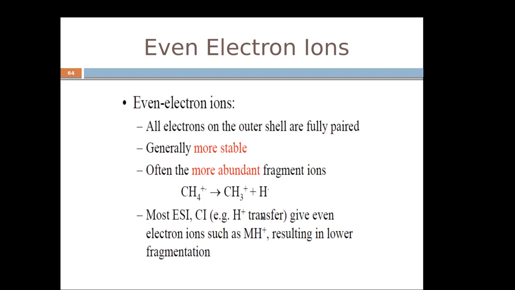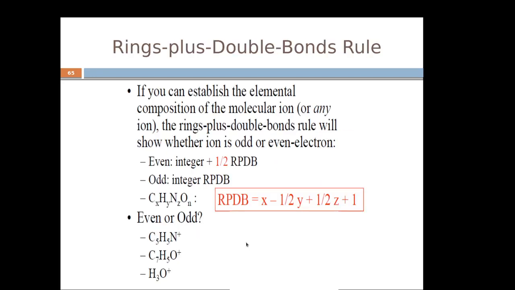It is a cationic species, and this will not undergo much fragmentation, resulting in a lower fragmentation pattern. And how do you see whether the fragmentation results in an even electron ion or an odd electron ion? Okay, so this ring plus double bond rule, which is almost the same as the hydrogen deficiency index rule, is useful in seeing whether the formed radical species or the radical cationic species is an even electron or odd electron species.